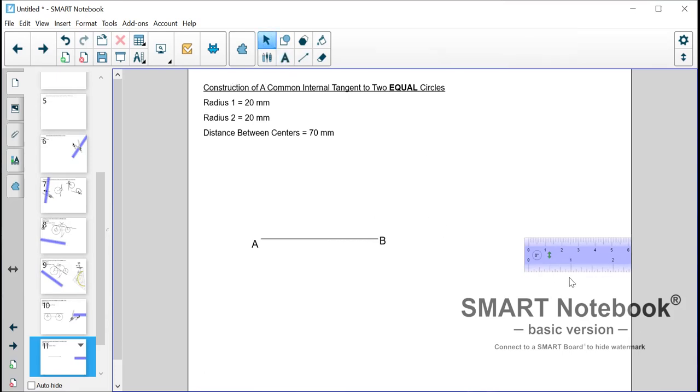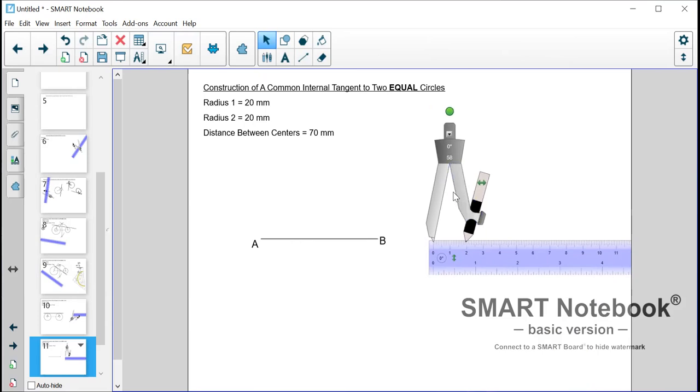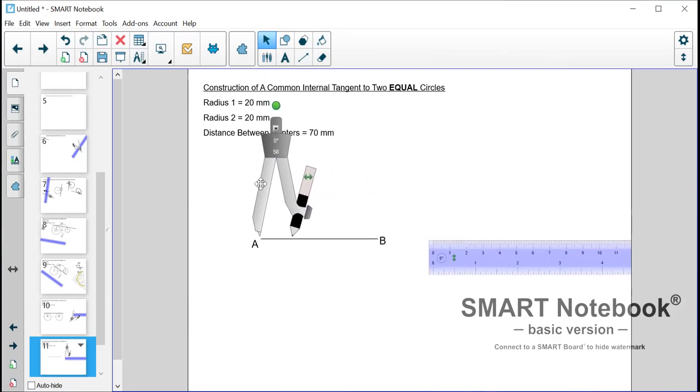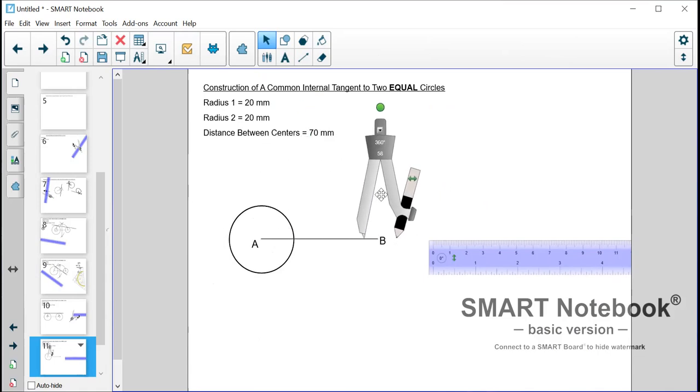Step two would be to draw the two circles. We use the pair of compasses and we draw the two circles, and remember that both of them are 20 millimeters each. So we draw the first circle, then we draw the second circle.